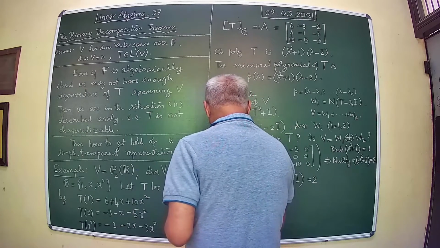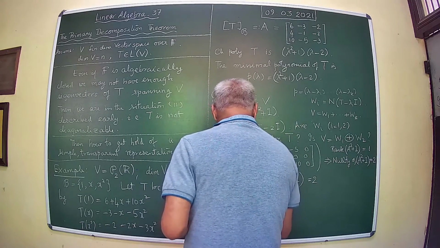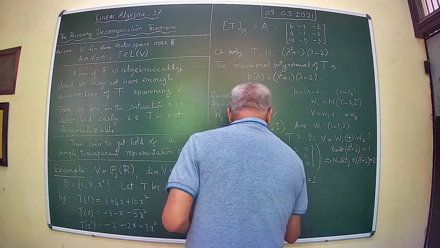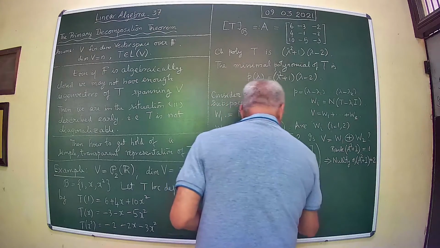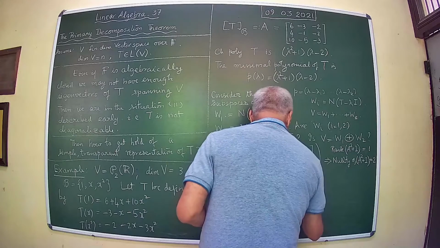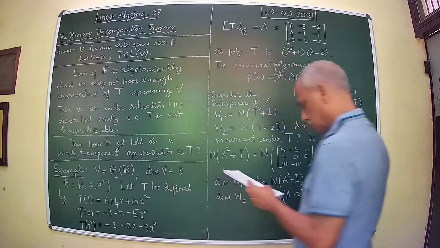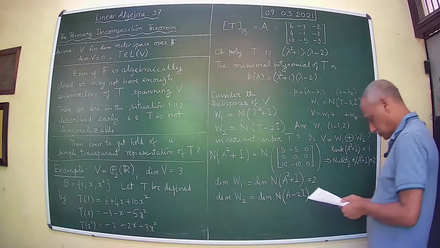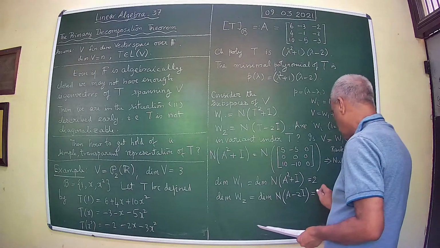Dimension of W2 equal to dimension of T1. This is equal to 1.